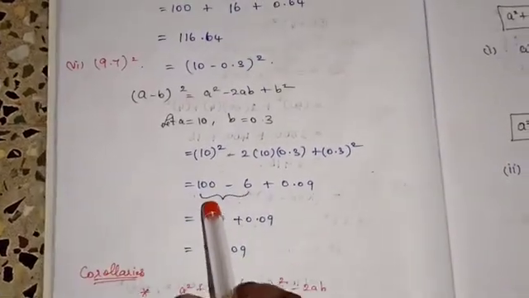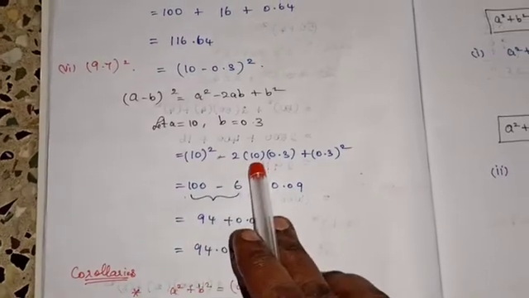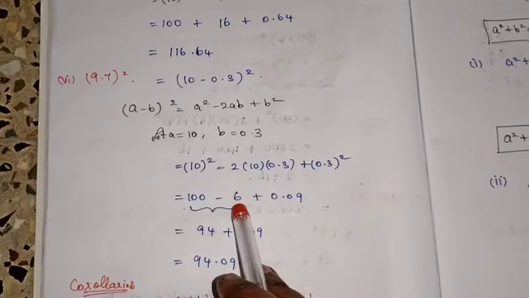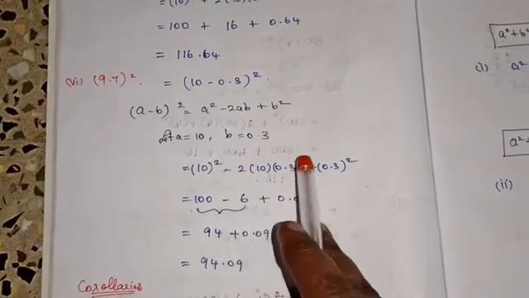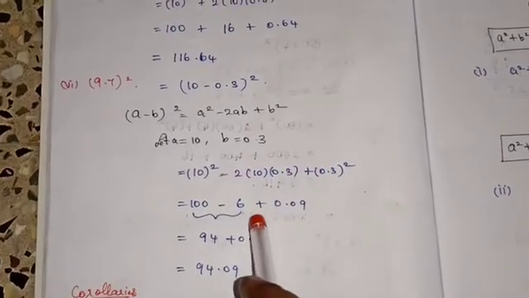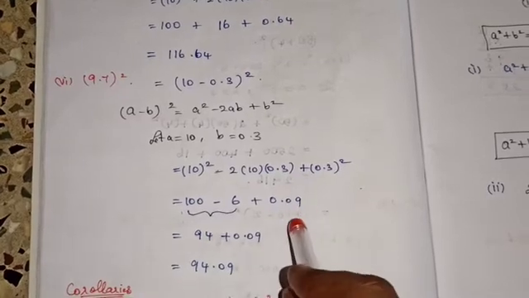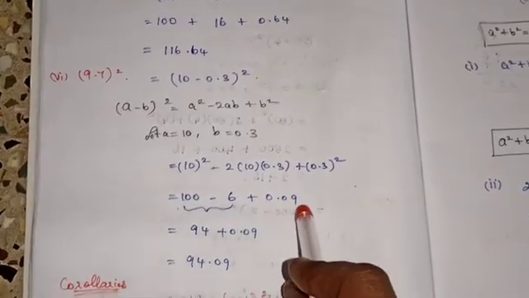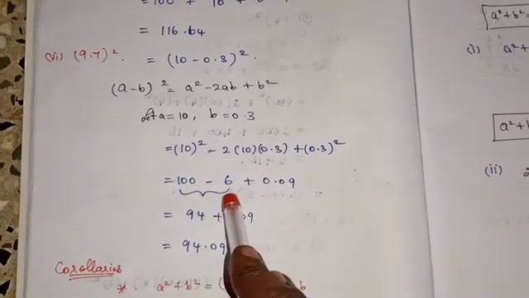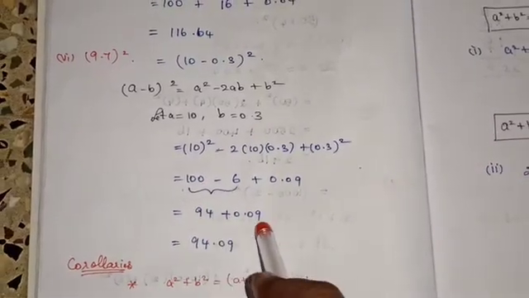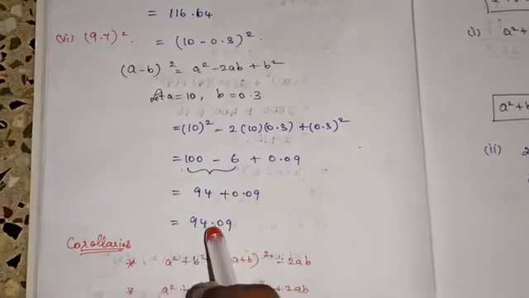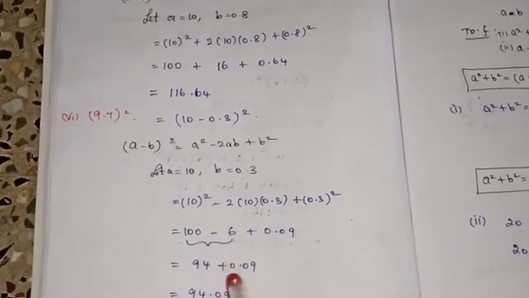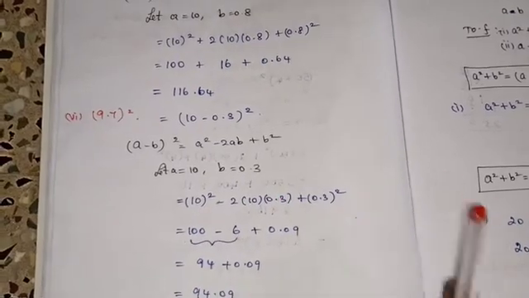So 10 square is 100, minus 2 into 10 is 20, 20 into 0.3 gives 60. But you have one decimal, so the 0 will be cancelled, only 6 will come, plus 0.09 because 3 threes are 9 but you have 2 decimals, so 0.09. Now 100 minus 6 you get 94, and then you add the 0.09, you get 94.09 is the answer.